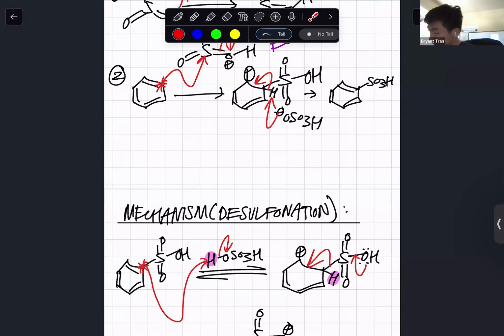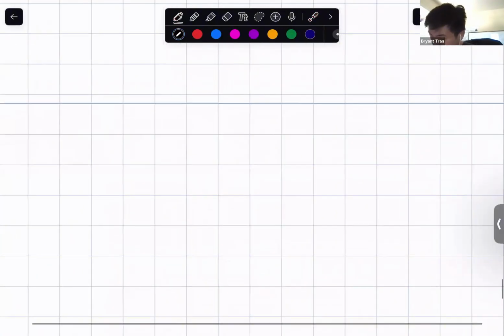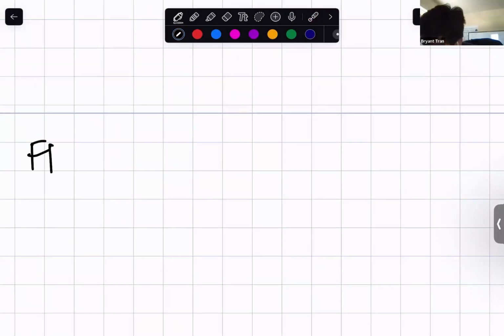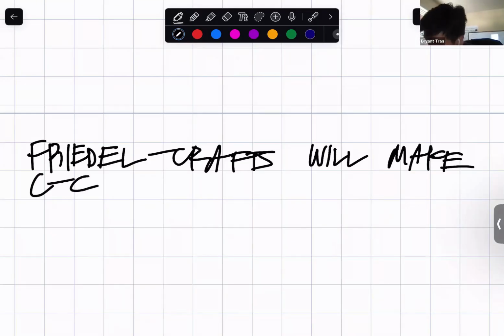Okay. Now let's go over the Friedel-Crafts reactions. Before we talk about Friedel-Crafts reactions, let's give a review on what it is. Friedel-Crafts will make carbon-carbon bonds, right?